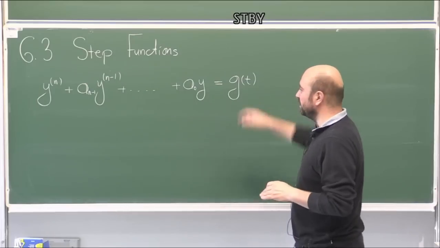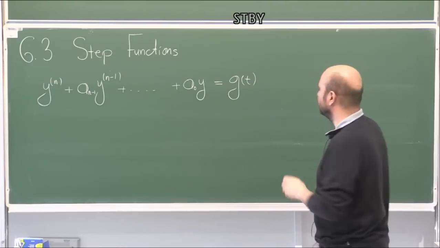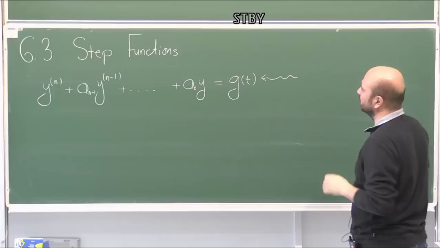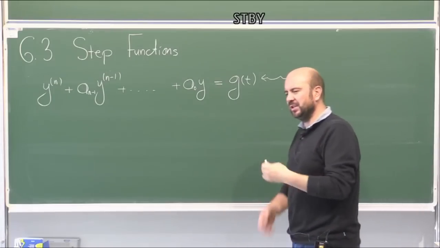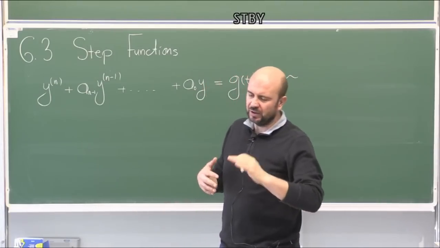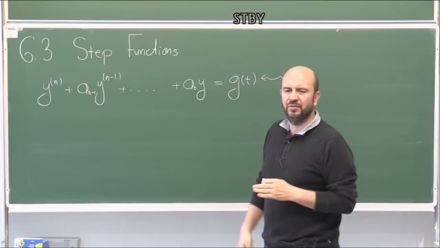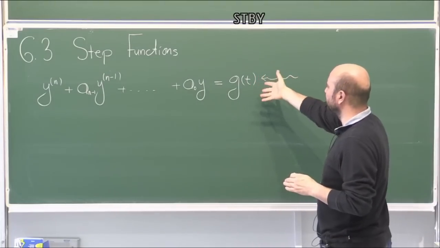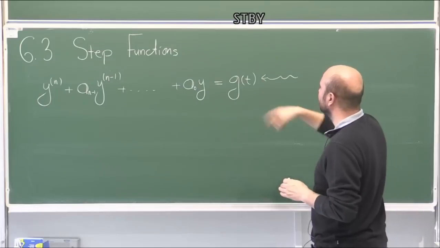But if G is a discontinuous function, I'm going to call this function the forcing function, just imitating the mechanical vibration terminology. When there's a function on the other side, we call that the forcing function.